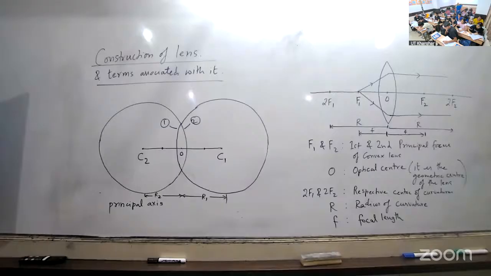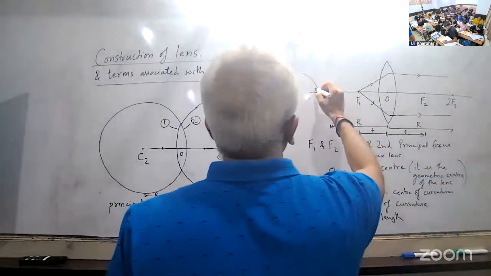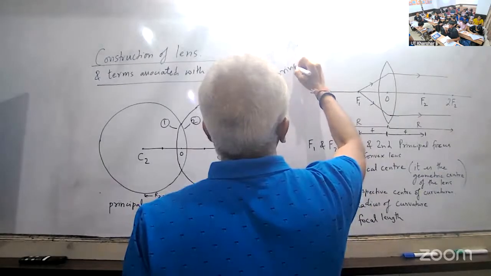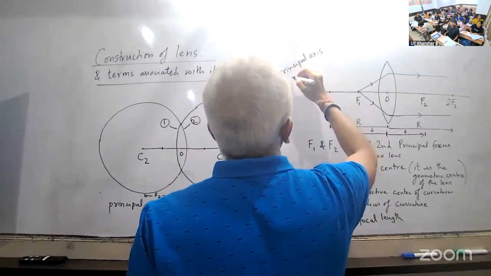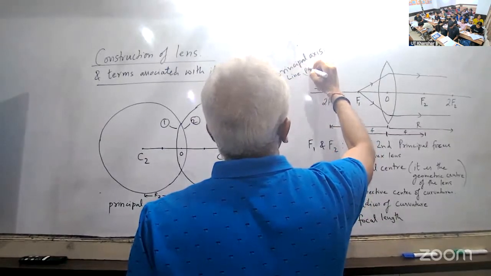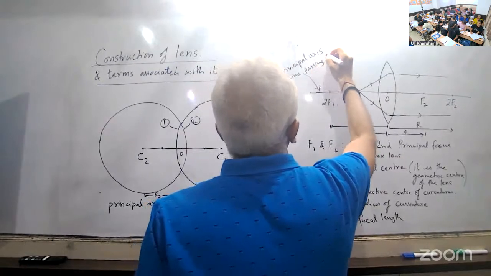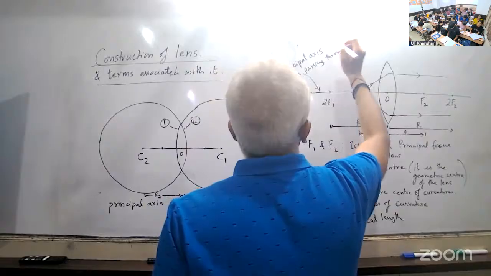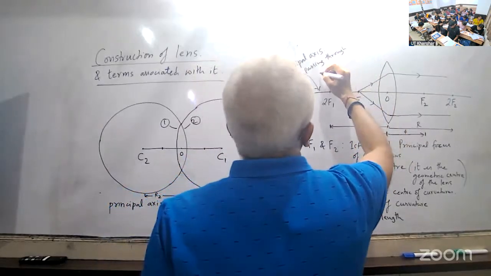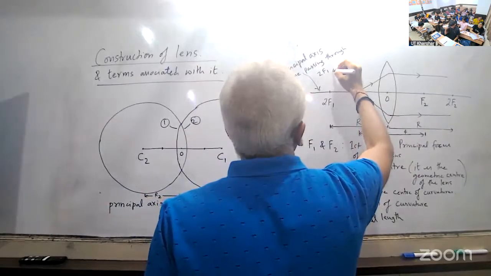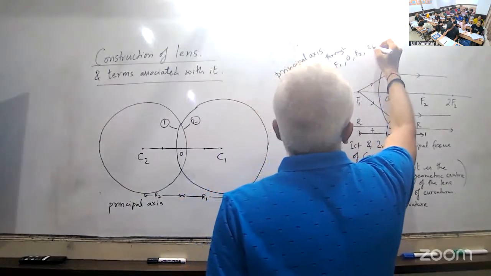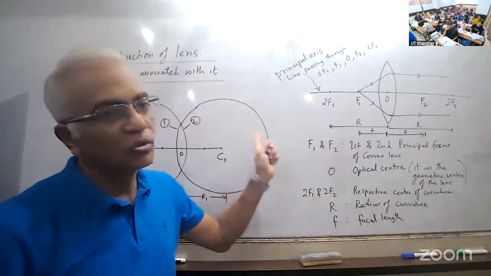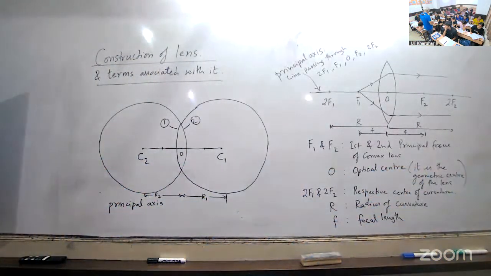What is the principal axis? The line that goes through all these points is the principal axis.